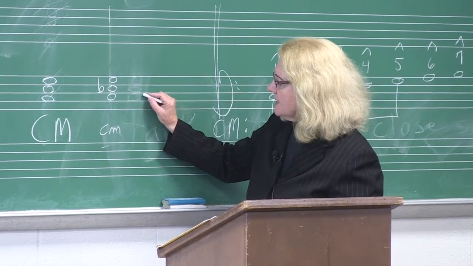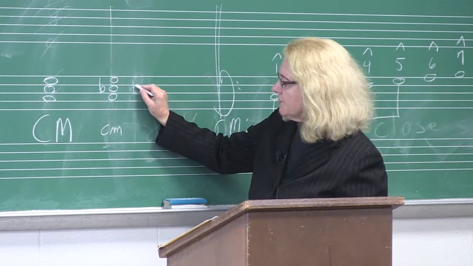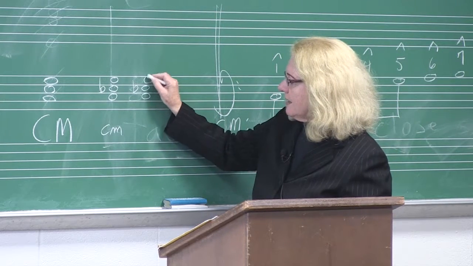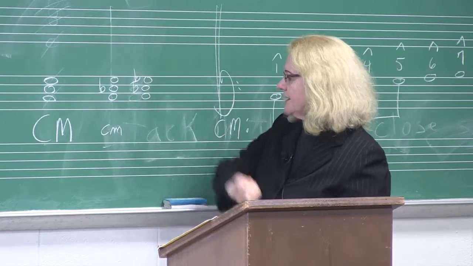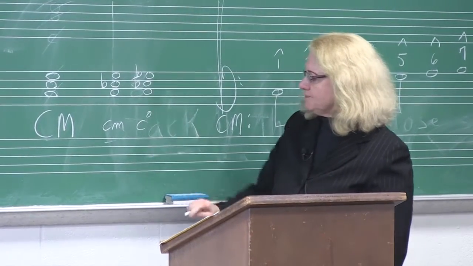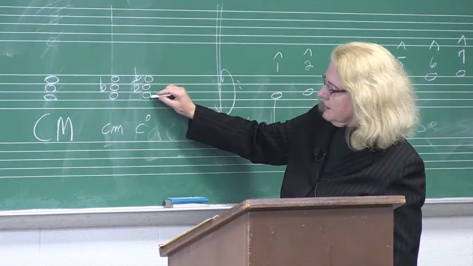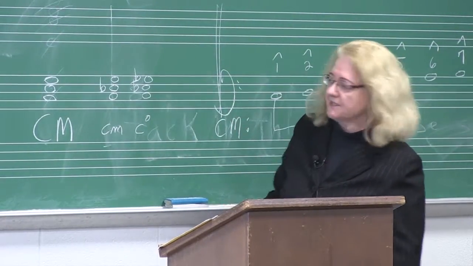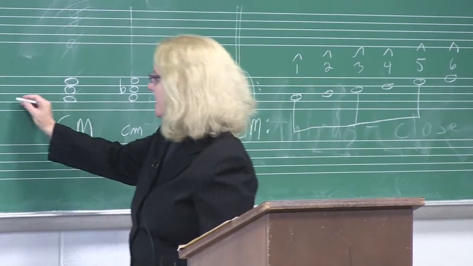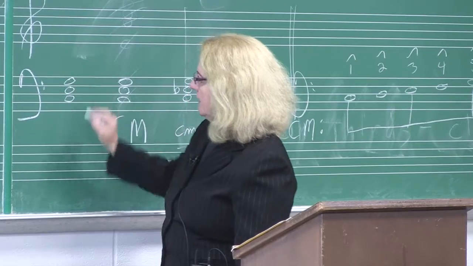And let's say, besides lowering the third, I lower the fifth. Then I've got a C diminished. C, E flat, G flat, two minor thirds stacked on top of each other. And then I'm going over here.